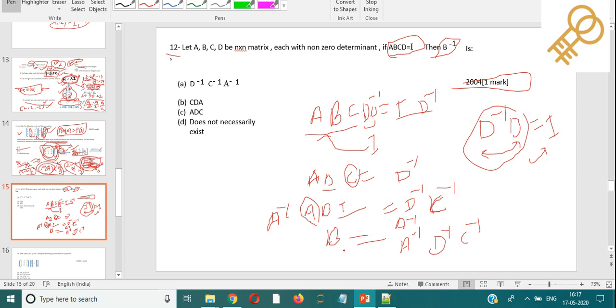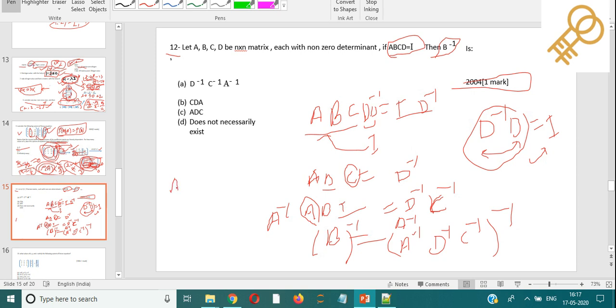We have to find B inverse, so you can do one thing: take the inverse of both sides. I hope you are all familiar with the property of the inverse.